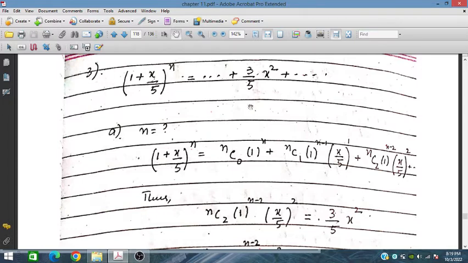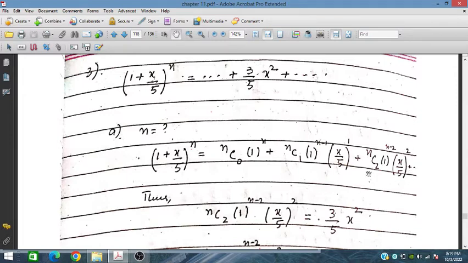This is the given information. From this we can write down the expansion of this as this. Here we can see that this x square is available, so we will take out this term.